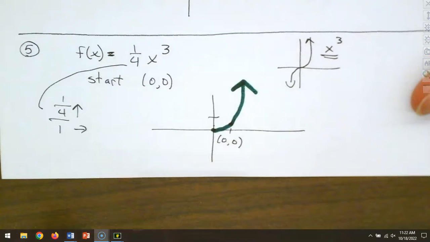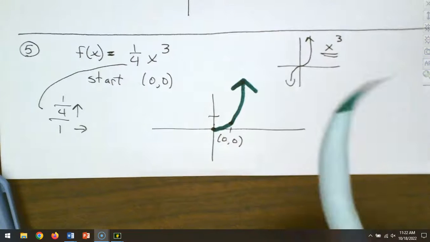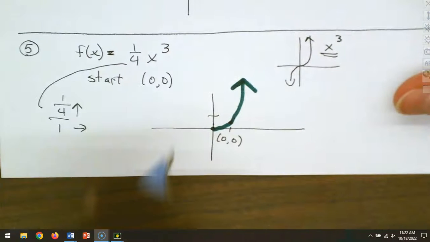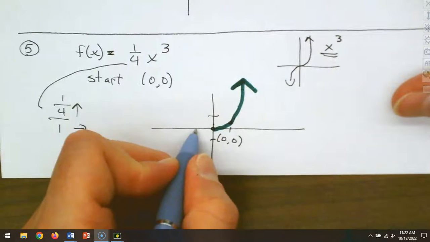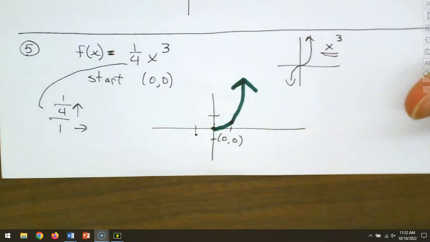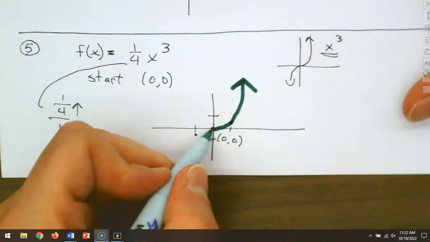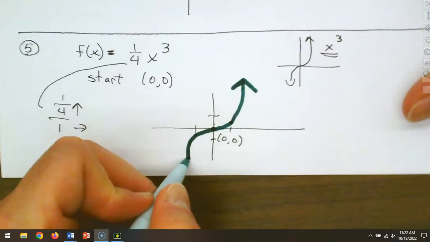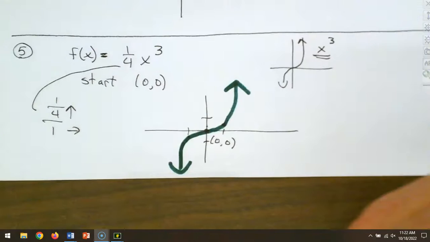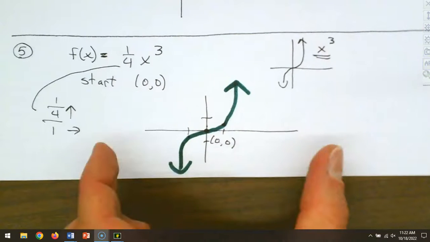Draw the curve. Now, it needs to look like this. So how do we get the other side? We go down about 1/4, back about 1. And there's my picture. See how it got widened out? It's wider.